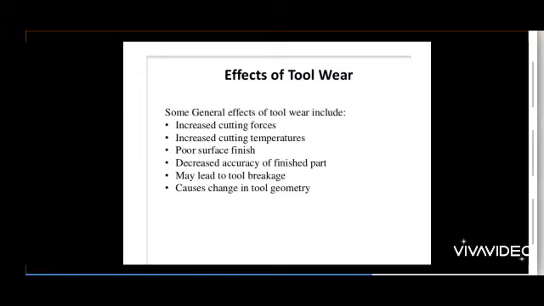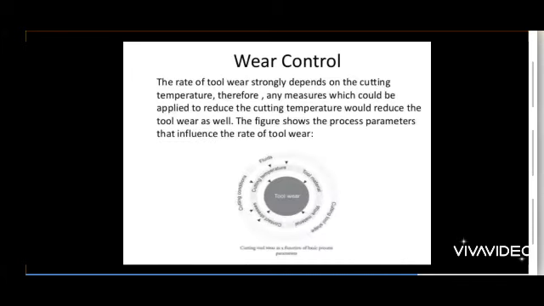It weakens the tool. Ultimately, the tool will break because it is not able to absorb the cutting forces caused by changes in tool geometry. These are the effects of tool wear. So you can control the wear.